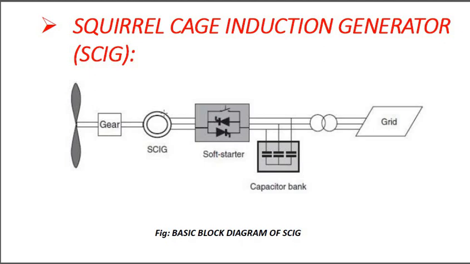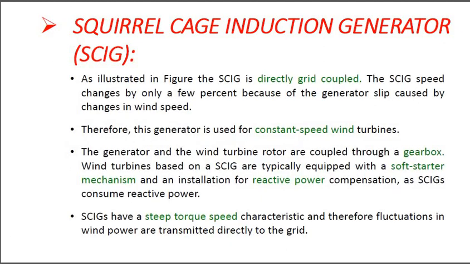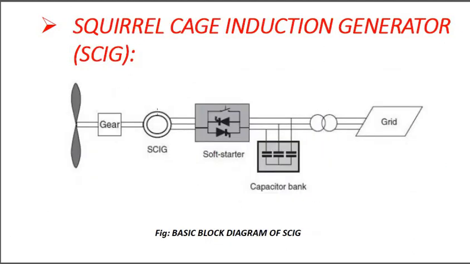SCIG has a steep torque speed characteristic, and therefore the fluctuation in wind speed is transmitted directly to the grid power.